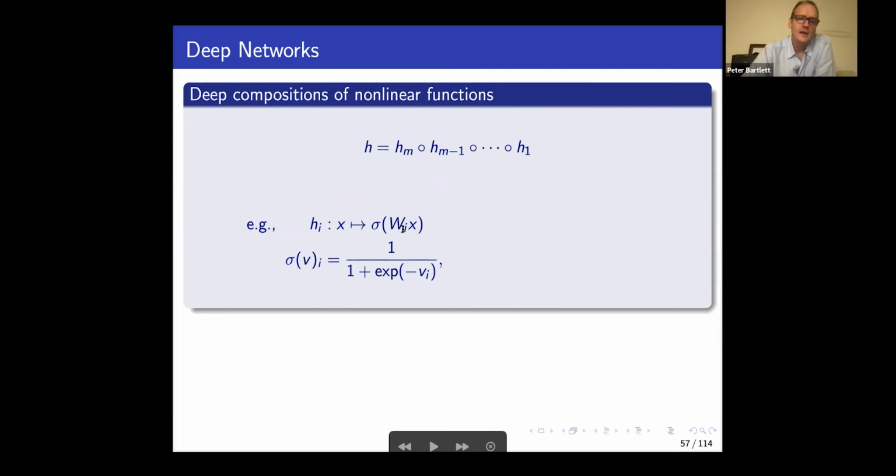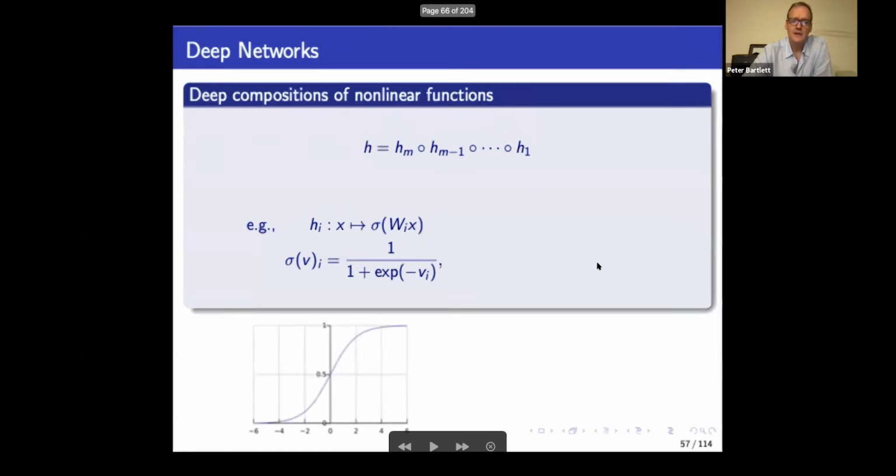Of course, other nonlinearities are possible. The point is that the nonlinearity is fixed, and Wi is the set of parameters for the function computed at the ith layer, and you're computing compositions of these parameterized functions. That's the sigmoid function.